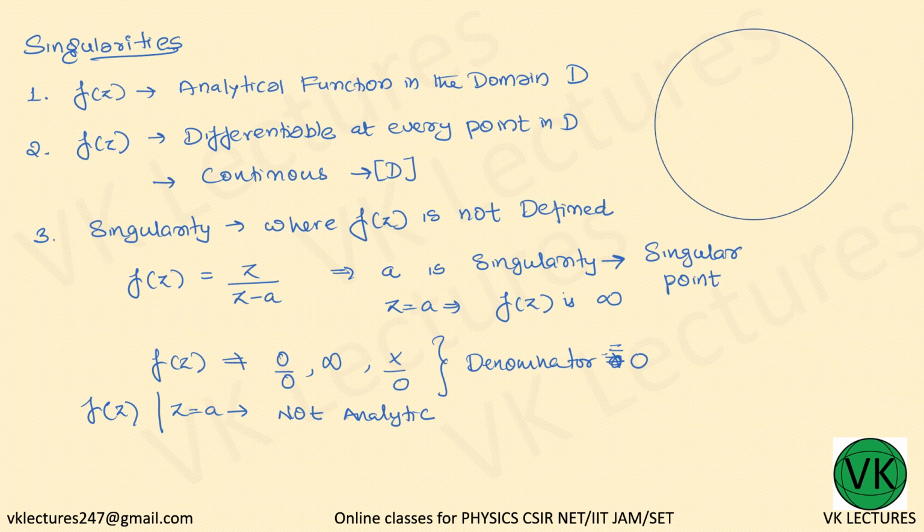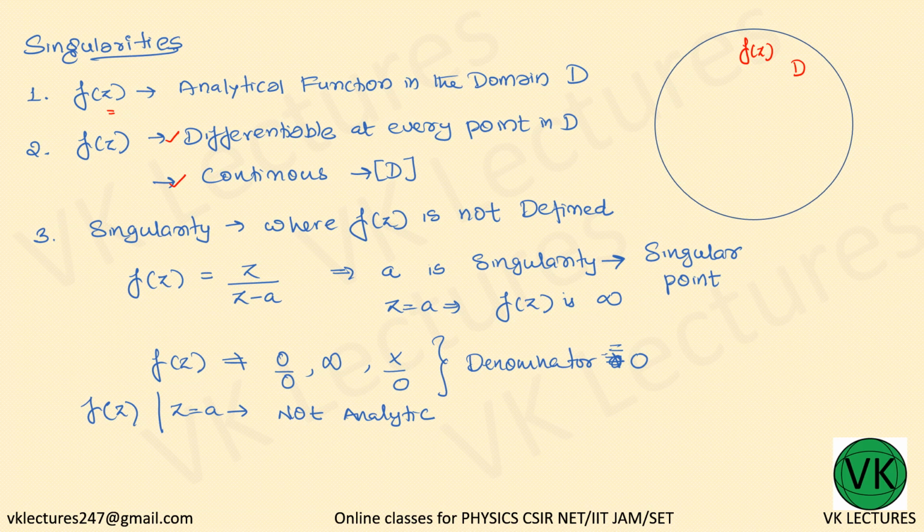Here we are going to see what is singularity or singularities. Now if f of z is an analytic function in the domain D, then f of z is differentiable and continuous in this domain.